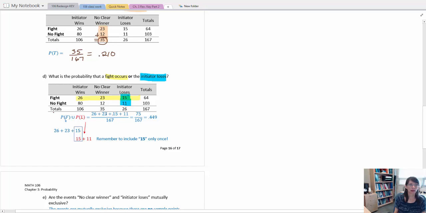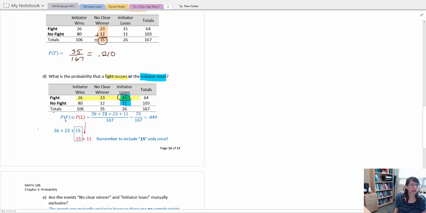And notice that 15, even though it occurs in both events, it's important for us to only include that value one time, because the additive rule, remember, tells us that the probability of the two events is added, but we must subtract any intersection of the events.